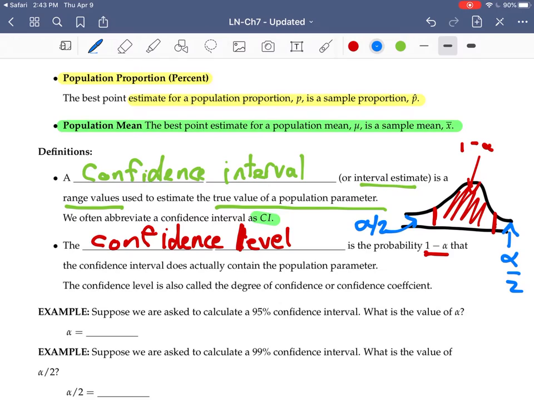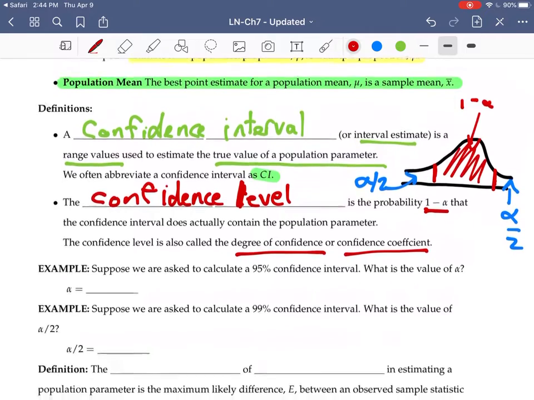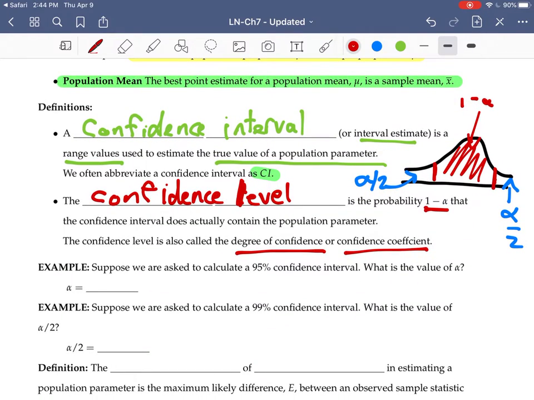That's our confidence level. It's also called the degree of confidence or confidence coefficient.